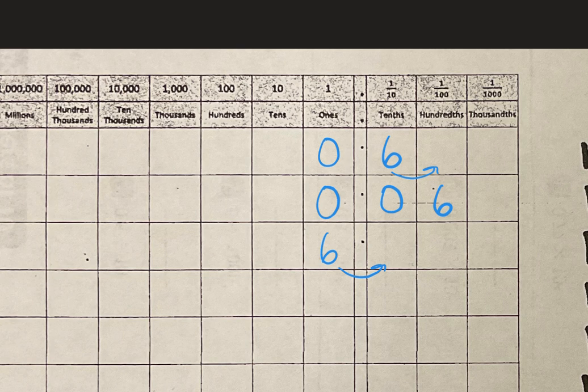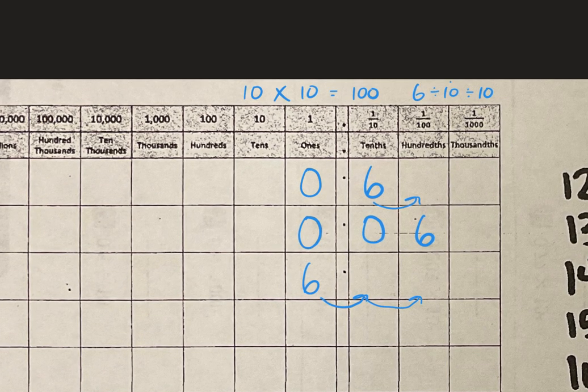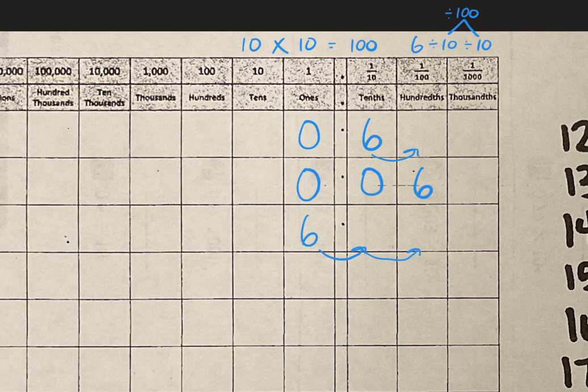Now if you divide it by 100, you're really moving 2 places instead of just 1, because 10 times 10 equals 100. So if I have 6 and I'm dividing it by 10 and dividing it by 10, then I'm really dividing that number by 100. So if I say 6 divided by 100, I'm really dividing by 10 two times.